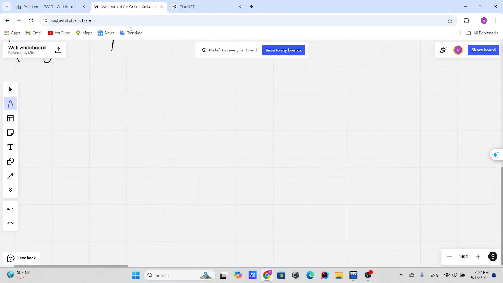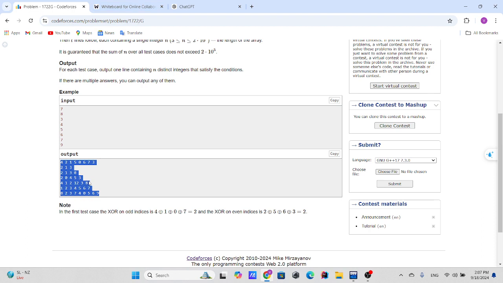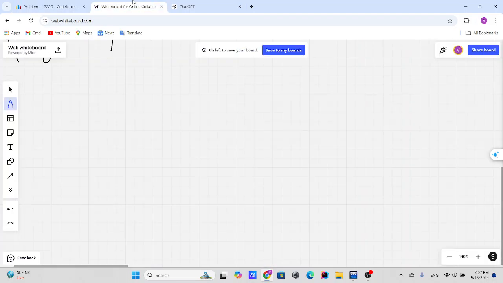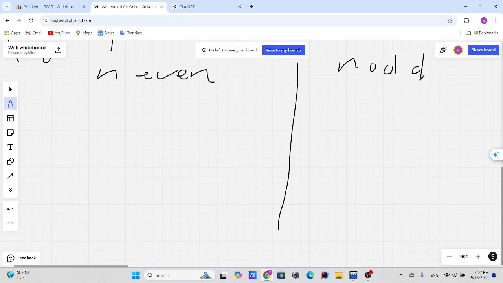And there should be two constraints here: when n is even and when n is odd.